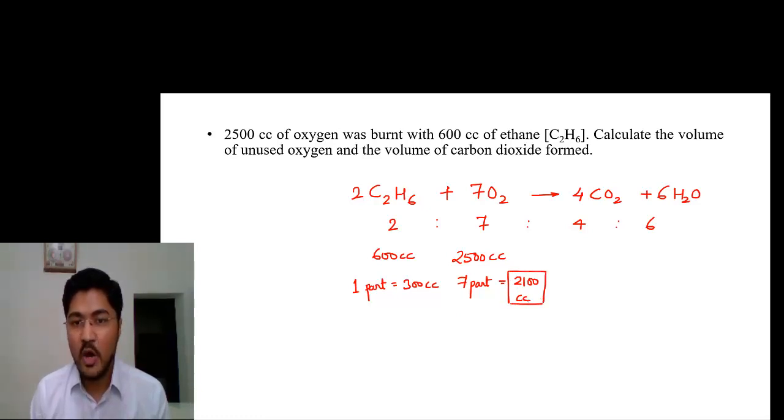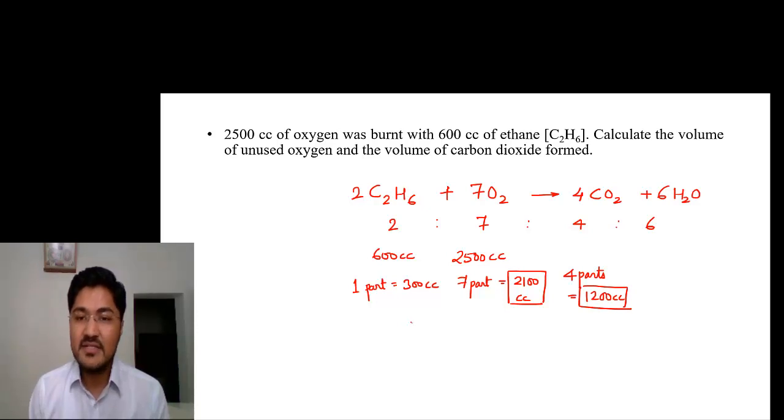2100 cc of oxygen will be used, and 4 parts of carbon dioxide are produced. So 4 parts of carbon dioxide would be 1200 cc of carbon dioxide, and 2500 cc of oxygen is given to us.